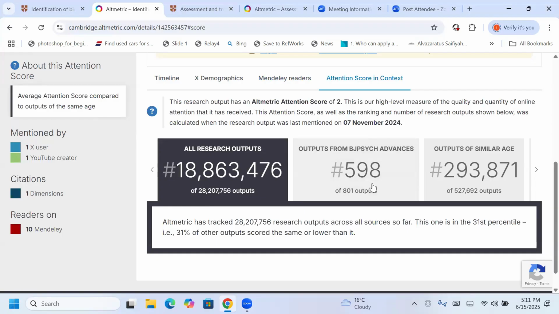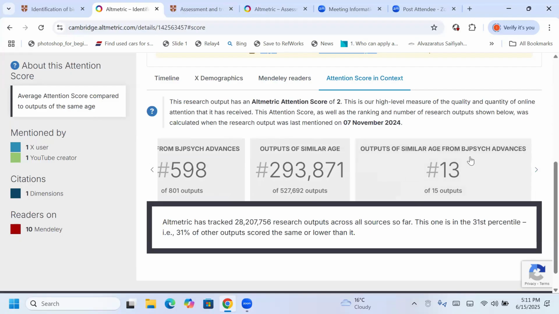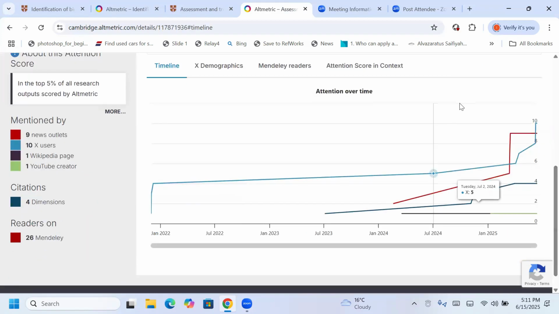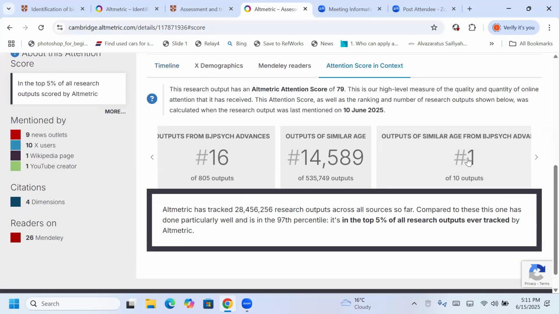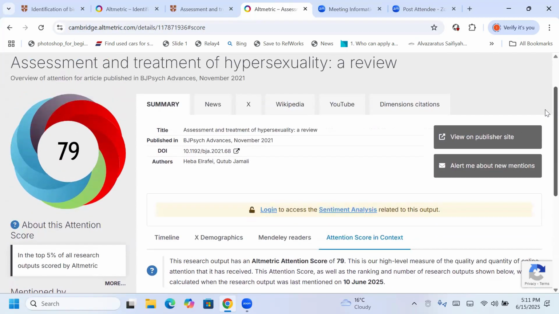This article stands at 598, and then out of similar age from this British Journal of Psychiatry Advances, it is at number 13 of the 15 outputs, and this one showed one of the 10 outputs. So this gives you an idea of how your research is being used and how much interest it is generating.